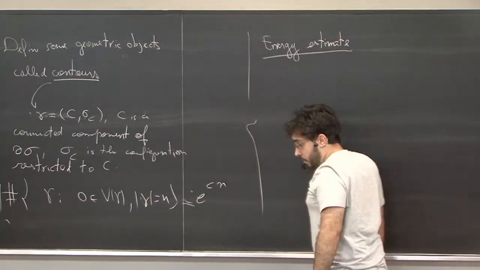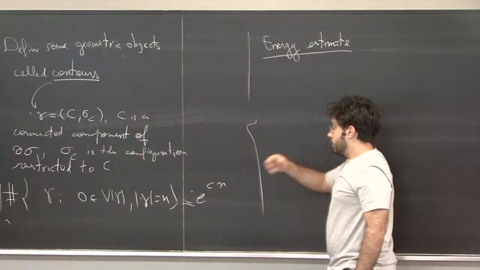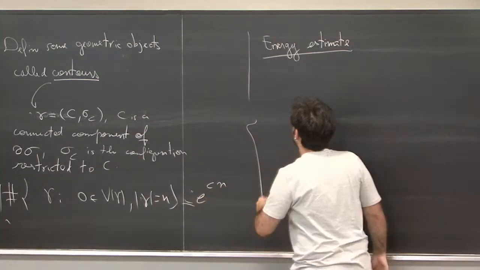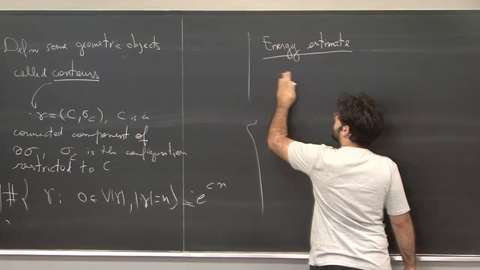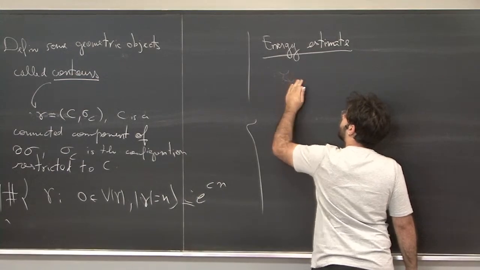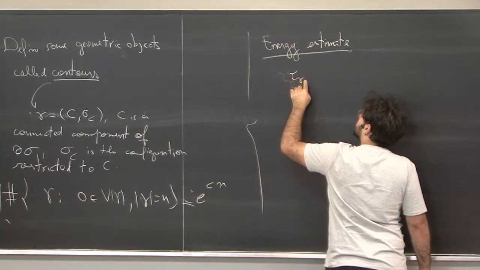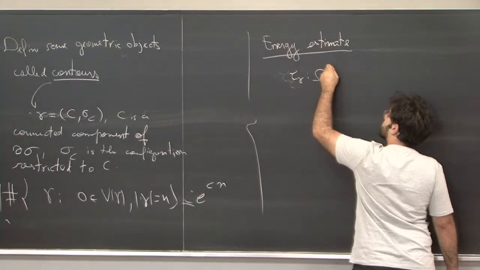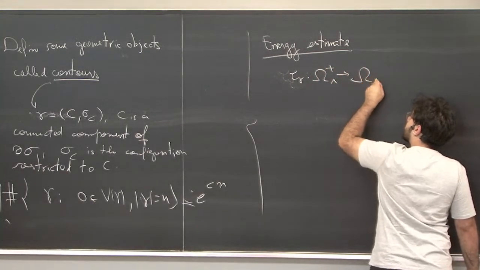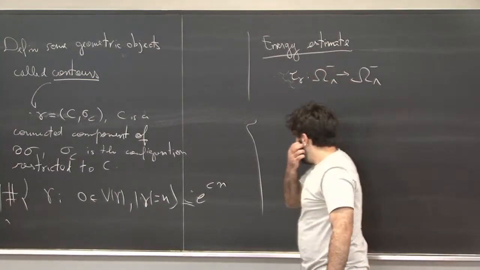So what happens to the energy when you erase one of the contours? By the erasing procedure we have a map tau that depends on the contour, from the minus boundary condition.